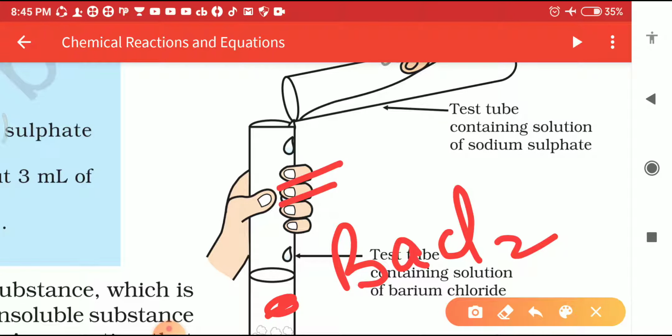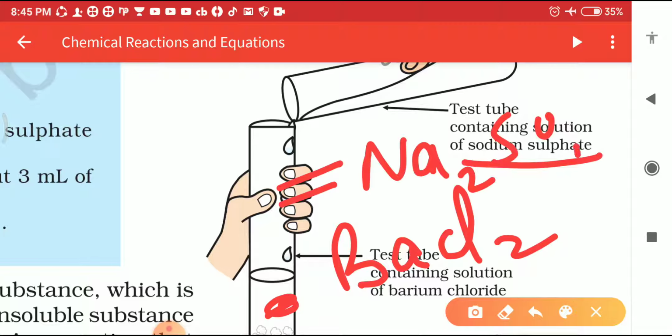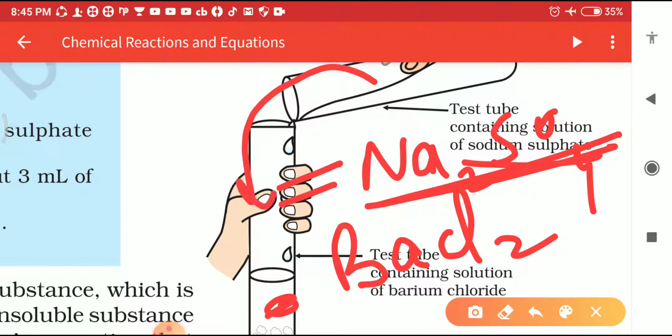Barium chloride is aqueous, which means it is a solution here. And the other is sodium sulfate, Na2SO4. Now you mix this sodium sulfate solution into the barium chloride solution.